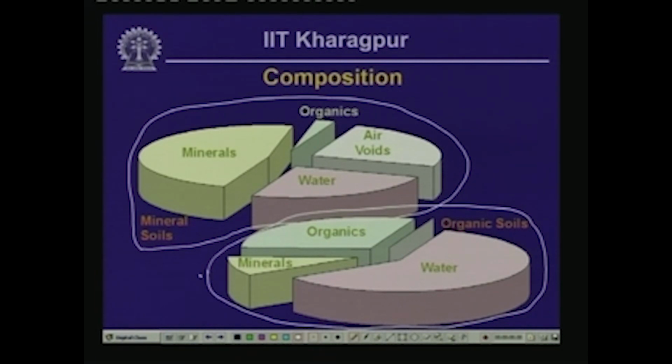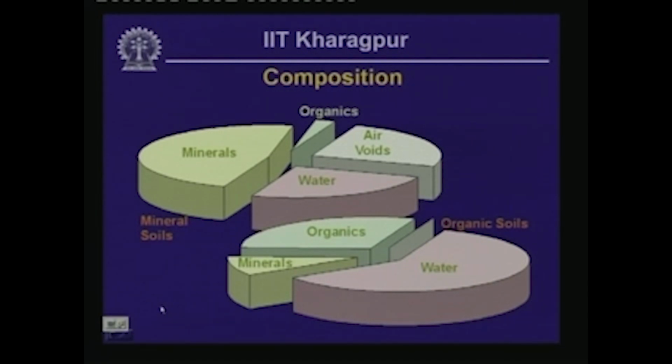Now, these are typical compositions you should realize, and the composition of a particular soil that you might actually encounter during an engineering geology assignment can in fact vary over a very wide margin, and the details presented on this slide should be considered only an approximate indicator of different types of constituents of a certain volume of soil.